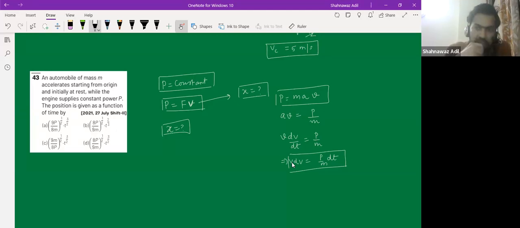Remember, it is starting from rest, so initially it is 0.